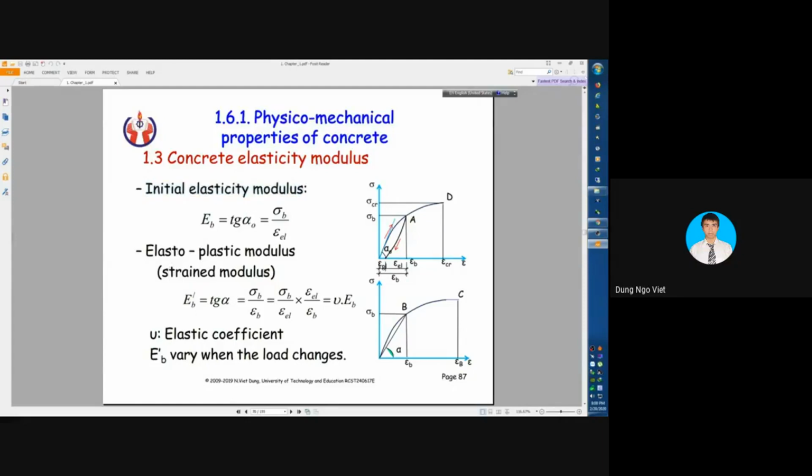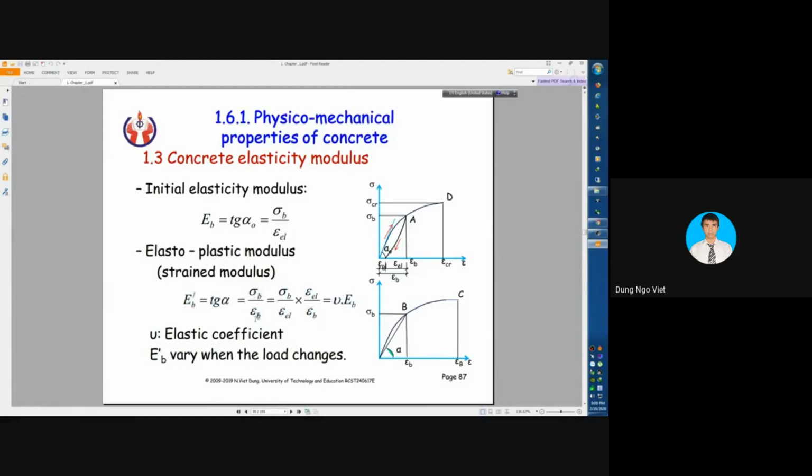And we have another value, the elastoplastic modulus, or the so-called strain modulus. EB prime is equal to tan alpha. And tan alpha is the division of the concrete stress over the strain of the concrete.